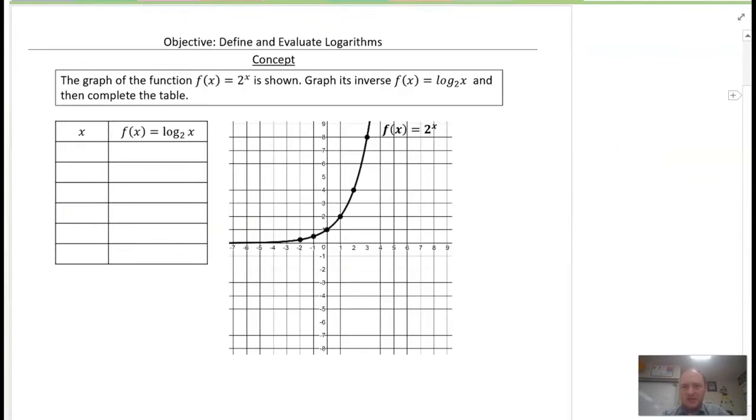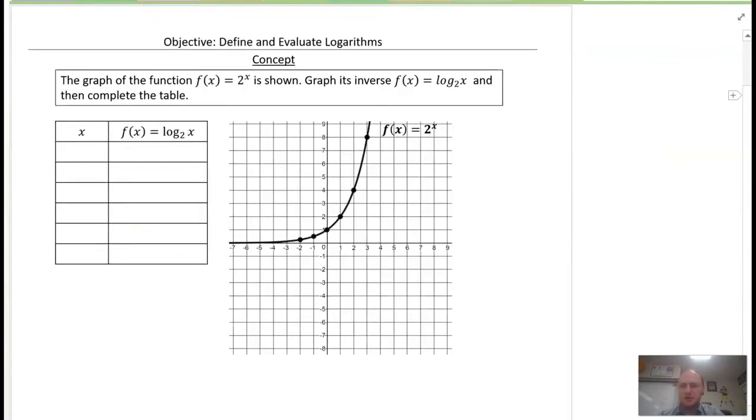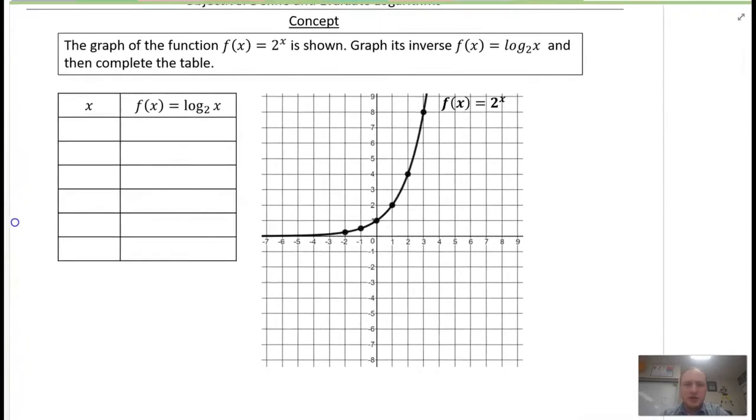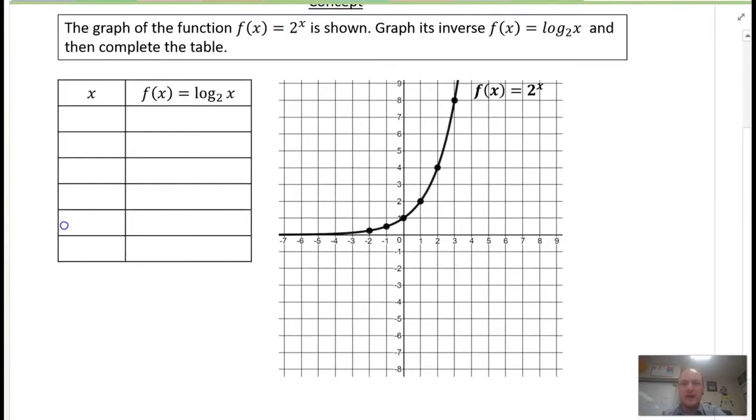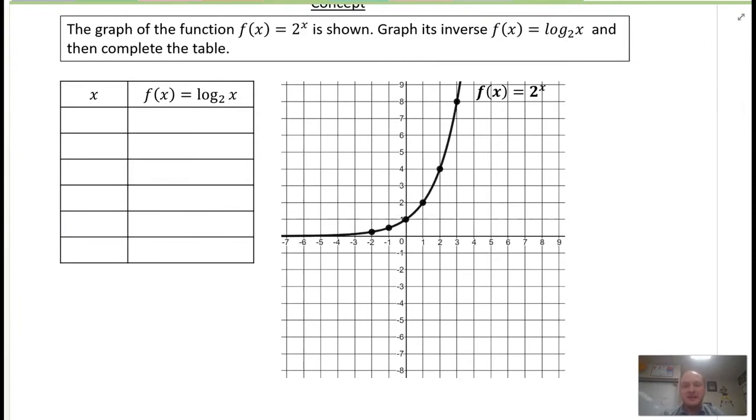So let's introduce a logarithm and what it is. Here is a graph of 2 to the power of x, and we are asked to graph its inverse on the table. Maybe you're asking yourself, how the heck do I do that? Well, remember, for an inverse, inputs and outputs switch.